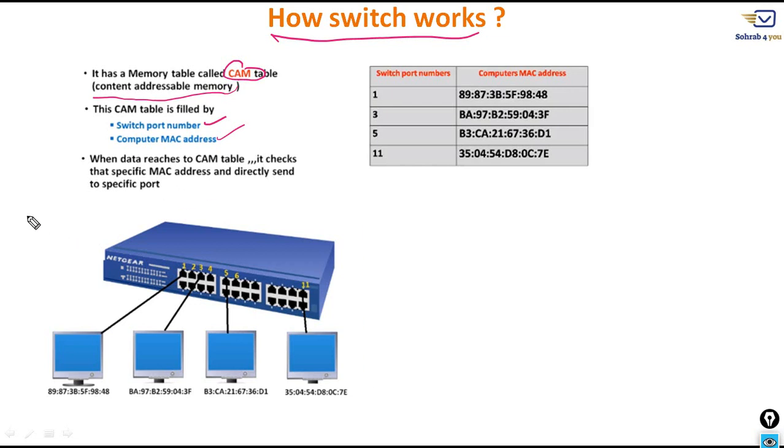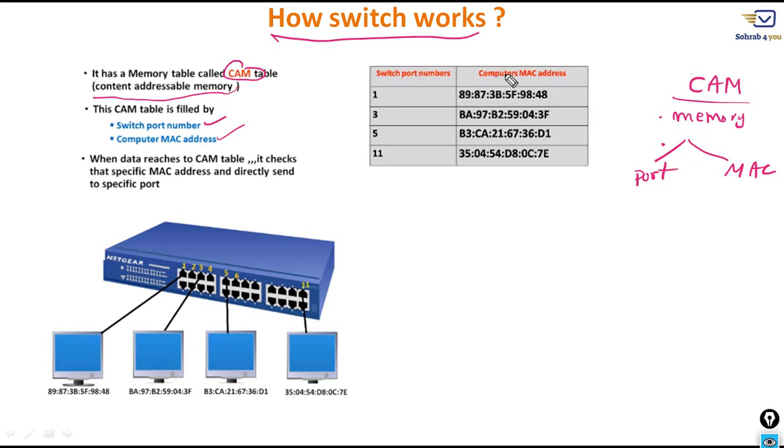So now, look guys, we are going to talk about the CAM table. What is the CAM table? It is a memory in the switch. It consists of two parts: the port number of the switch and the MAC address of the computer.